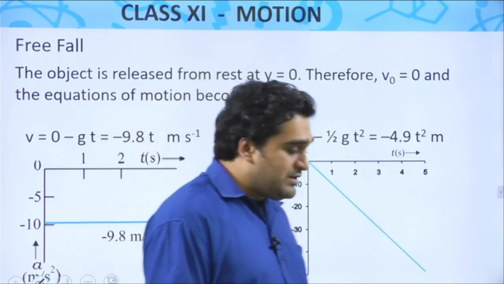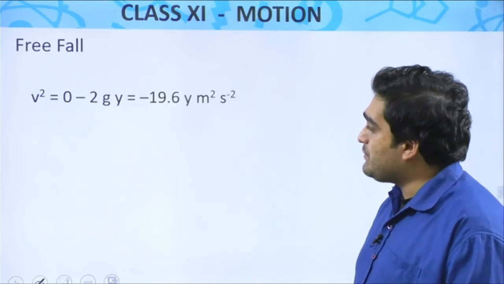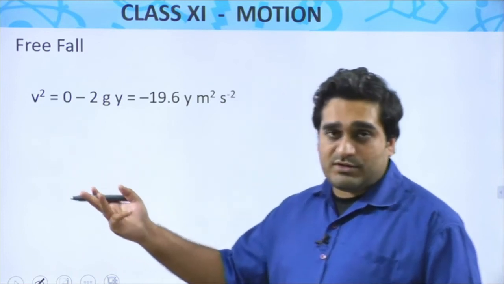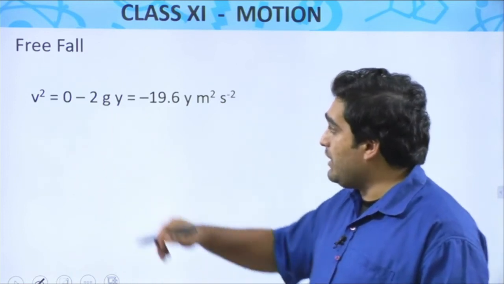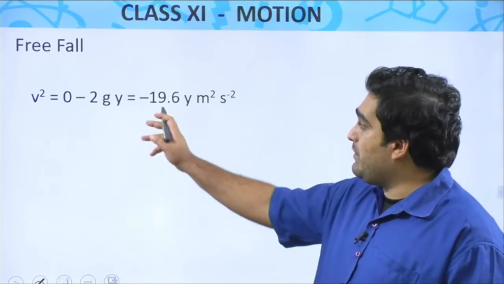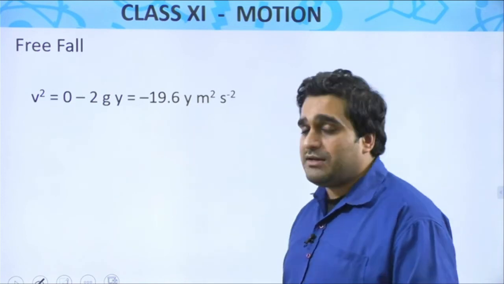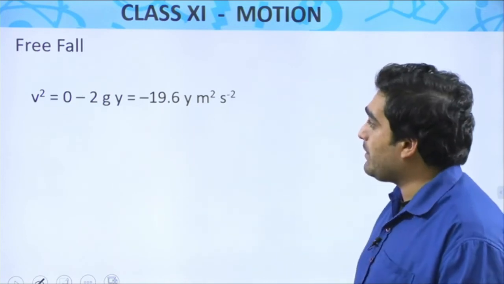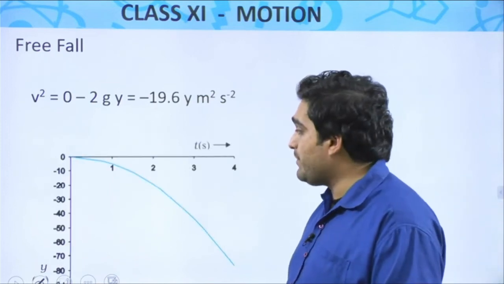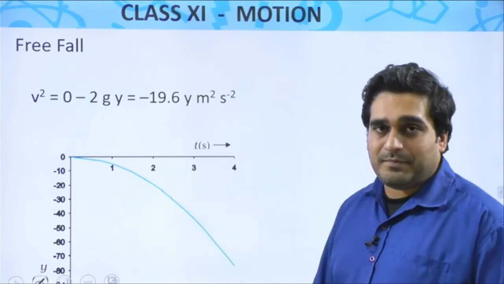Now let's do the same thing for the third equation of motion. Final velocity squared, initial velocity is still 0, 2gy. G value is 9.8. And then by substituting, you get minus 19.6 y meter square per second square. After obtaining this, we plot them in a graph of distance and time.